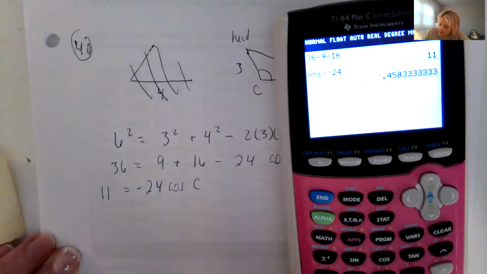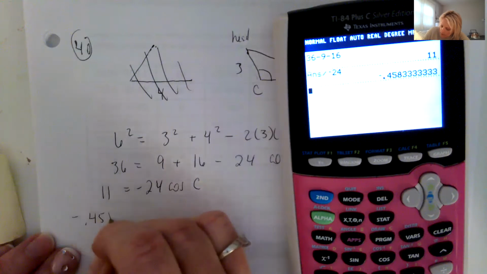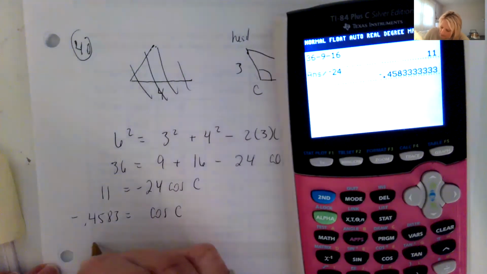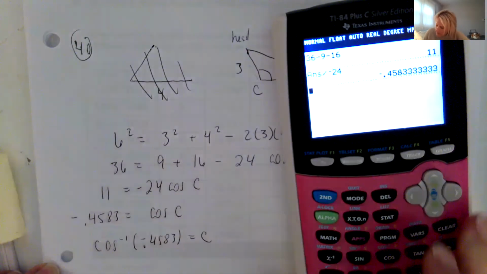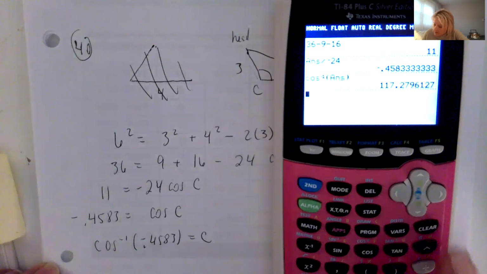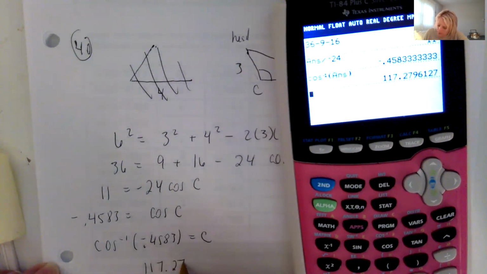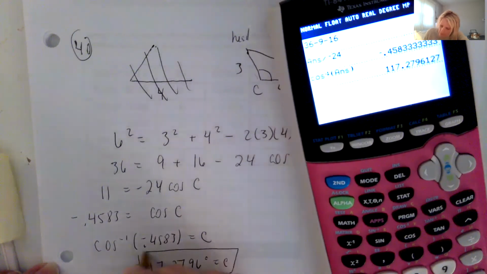It's going to be a negative because it is an obtuse angle. So it's a negative 0.45833 equals cosine C. So the arc cosine of a negative 0.4583 equals C. So the arc cosine of that answer is 117.2796 degrees, that is the angle between the two of them.